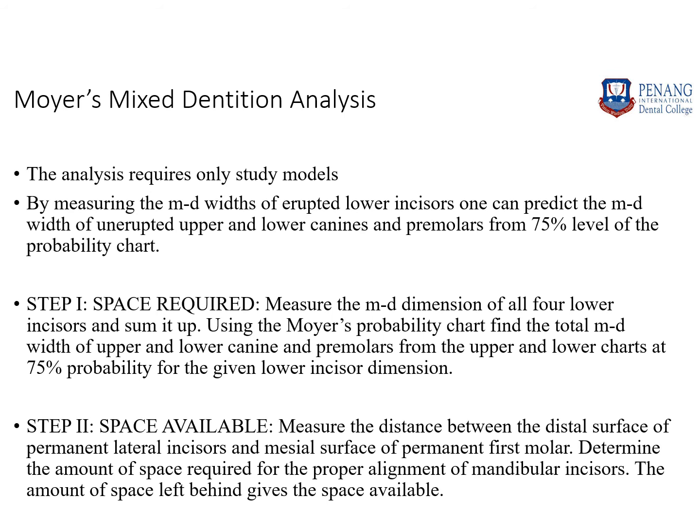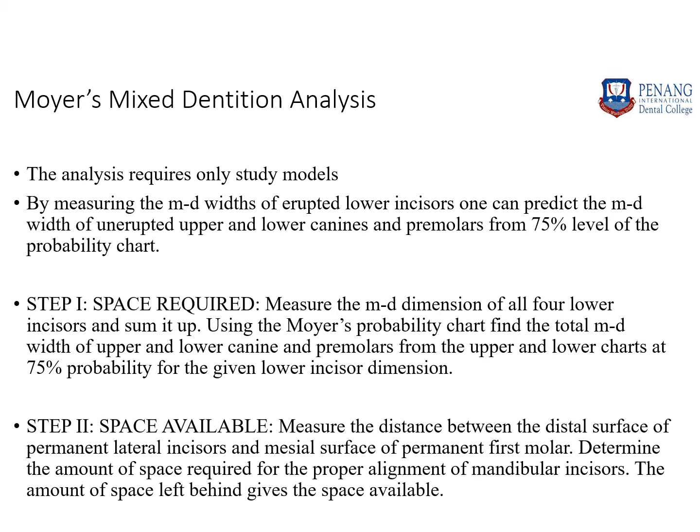And then once you have these distances, you will predict the mesiodistal width of unerupted upper and lower canines from this probability chart, which is give or take 75% accurate. So how you're going to do this, space required, you already know from the previous analysis how you performed the space required. And at the same time, space available, again, you have performed it in other analysis.